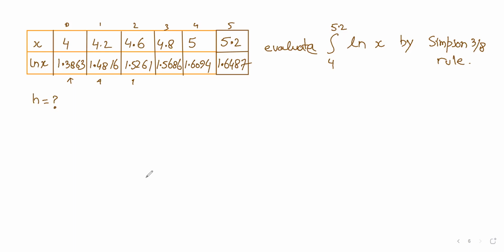It's correct. So we already know h is 0.2, or 1/5. And let's say these are x0, x1, x2, x3, x4, x5. It's already given.